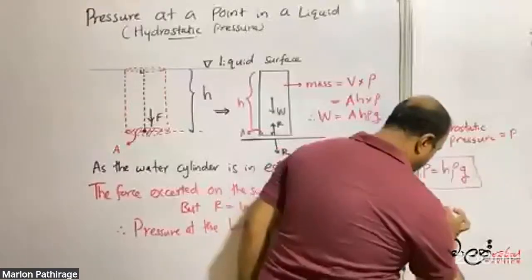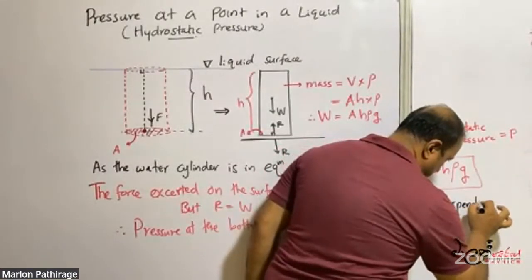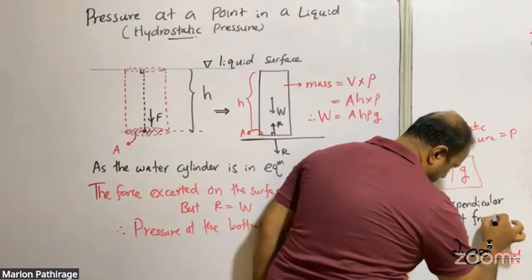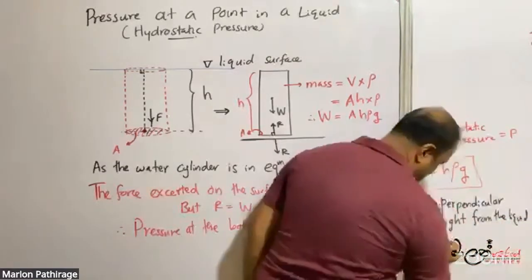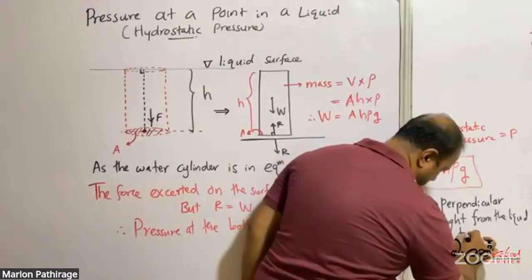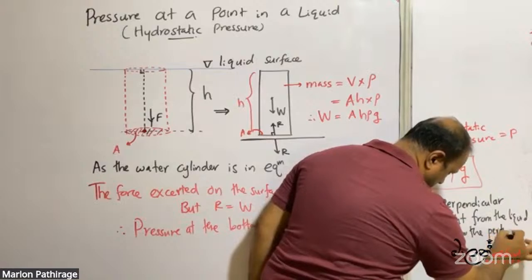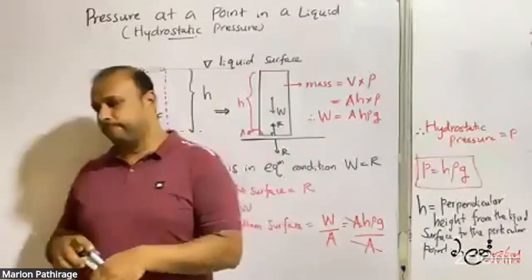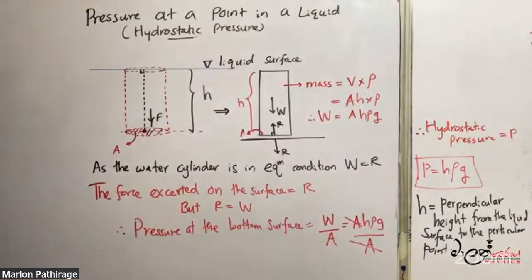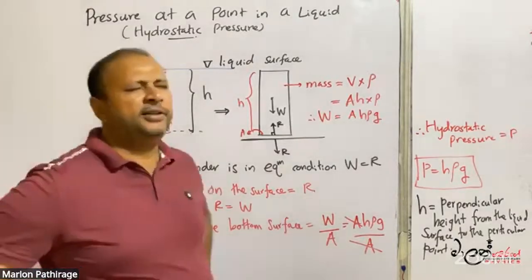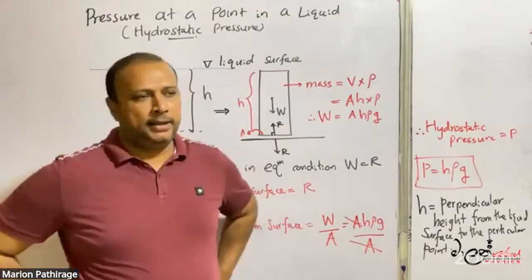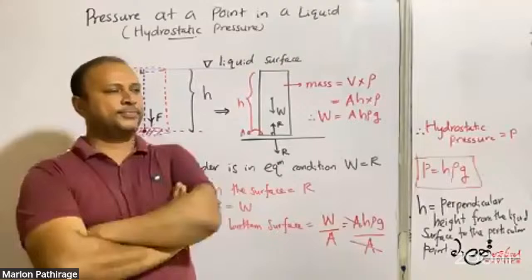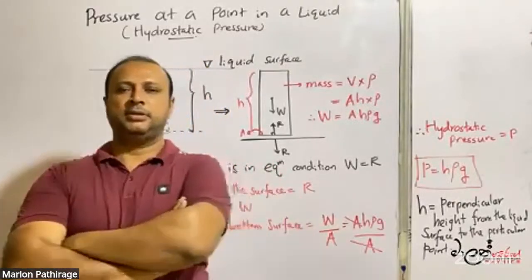H means perpendicular. Consider a point in a liquid.